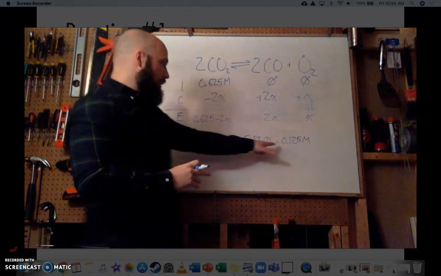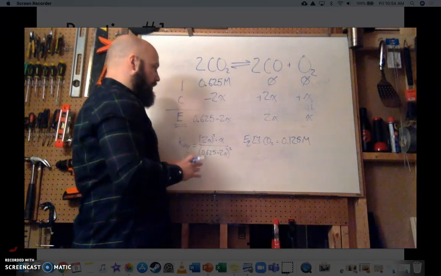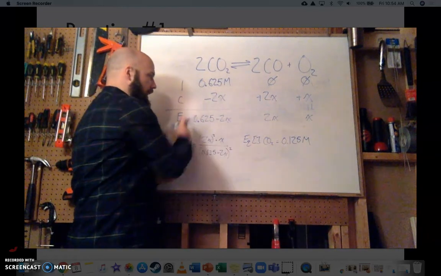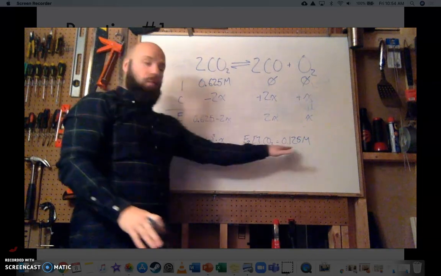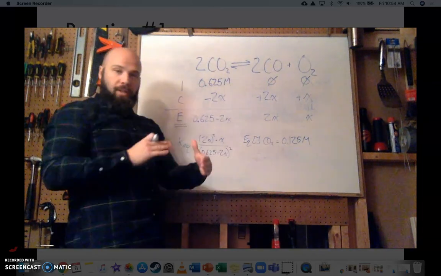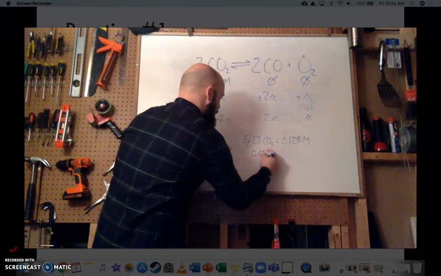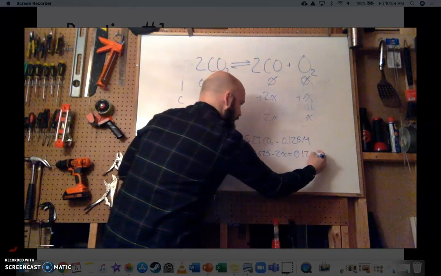We can sub this value in and make it equal to 0.625 minus 2X, because we know that this is an expression for the concentration at equilibrium, which is a known value. Rearrange that to solve for X, and you get 0.625 minus 2X equals 0.125.